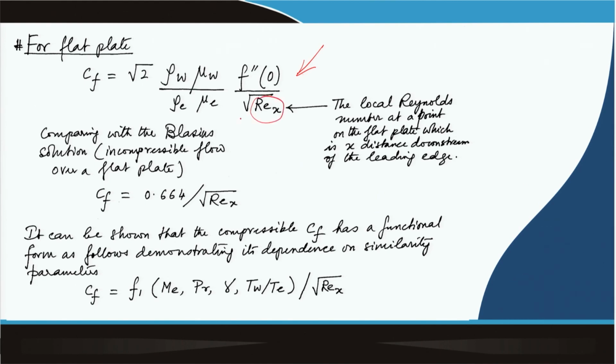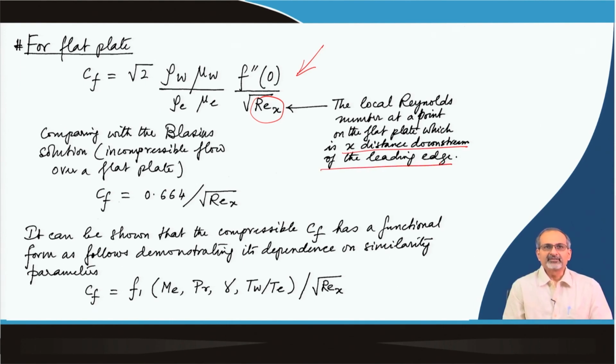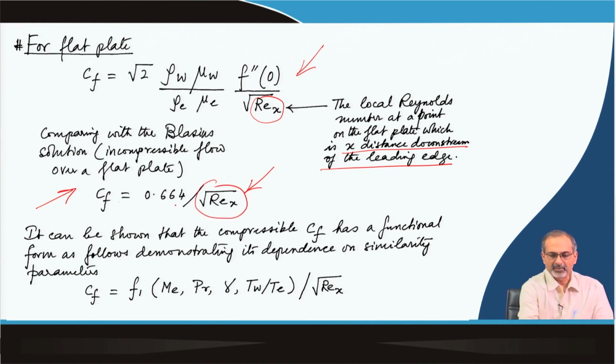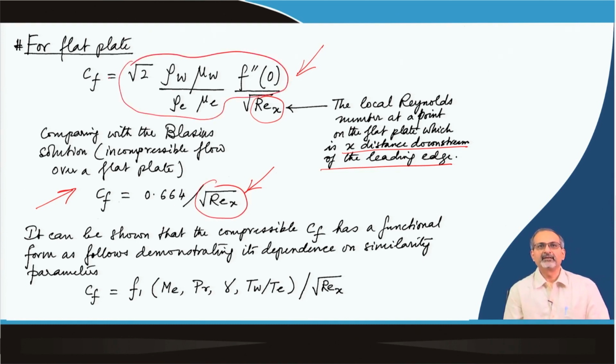This point is at an x distance downstream of the leading edge, and the interesting thing to compare it with is the Blasius solution. For incompressible flow over a flat plate, the same CF was 0.664 by square root of Re_x. The square root of Re_x remains, but in the compressible case you have a complicated functional form like this.